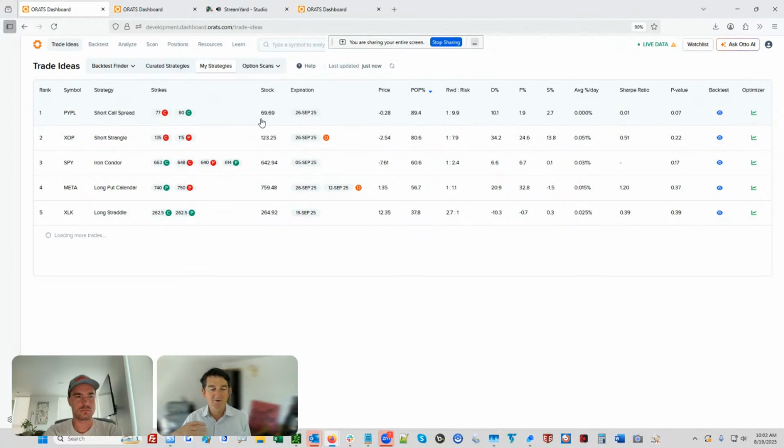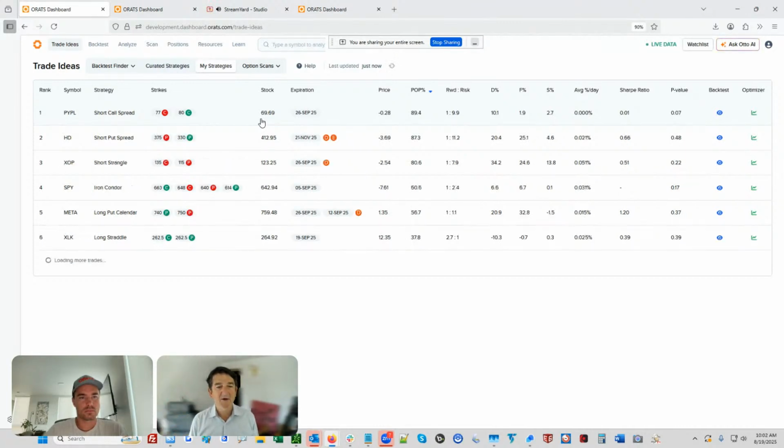So we're going to be choosing backtests that have some criteria filters, and then optimizing on these backtests. And when we save that to my strategies or my backtest, and we go to the trade ideas, it will only bring in the trades that have met all of the criteria.